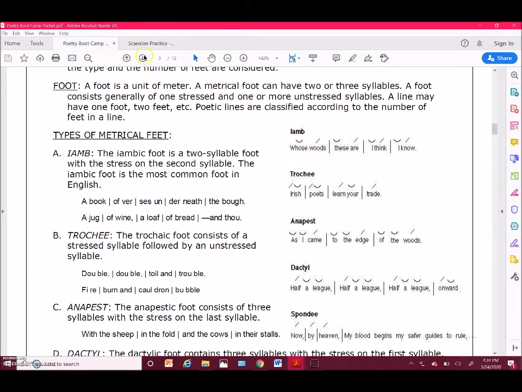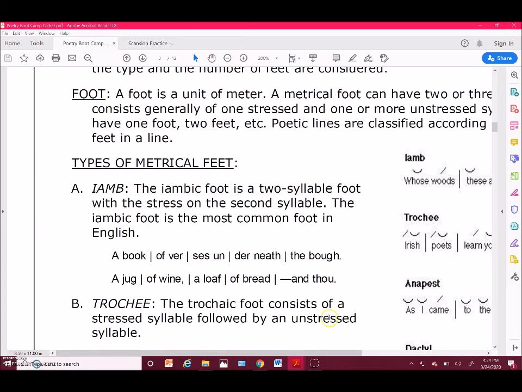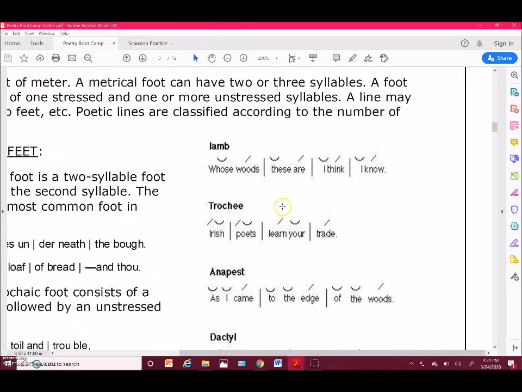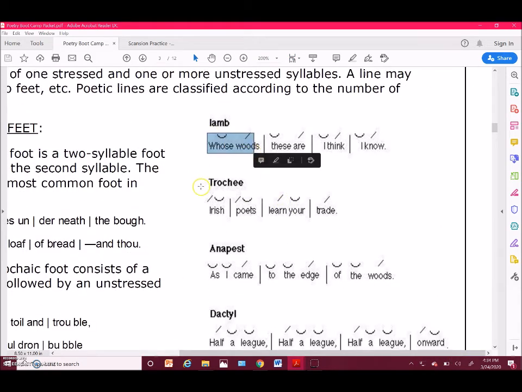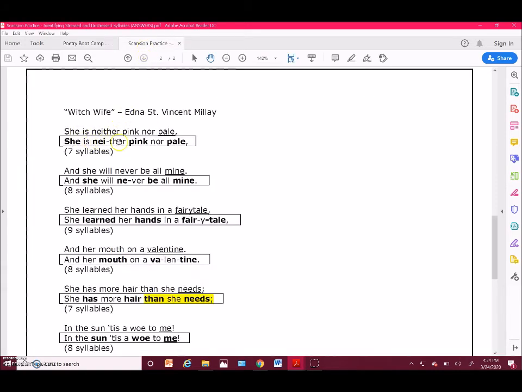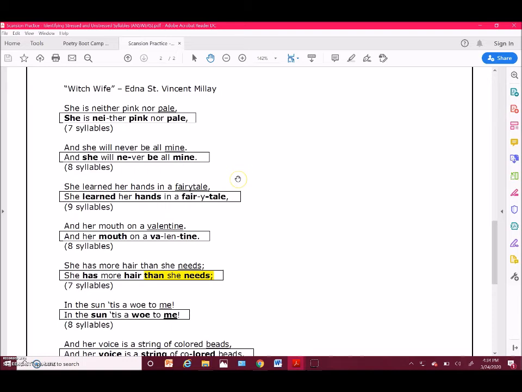Not the first one. So it's not iambic, because iambic is unstressed, stressed. It's a trochee. Trochaic. Stressed, unstressed, stressed, unstressed, stressed, unstressed. Irish poets learn your trade. She is neither pink nor pale.